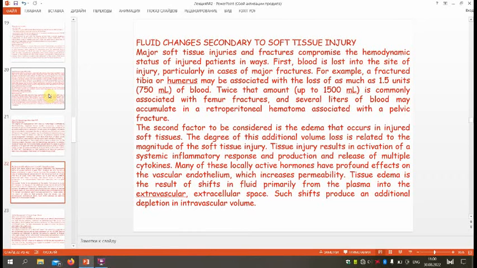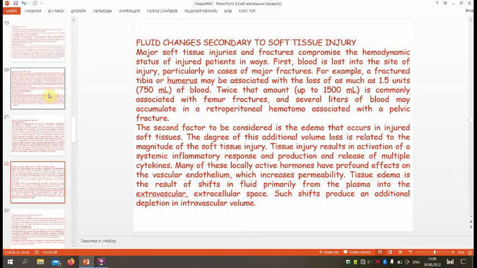For example, a fractured tibia or humerus may be associated with the loss of as much as 750 milliliters of blood. Twice that amount is commonly associated with femur fractures, and several liters of blood may accumulate in a retroperitoneal hematoma associated with a pelvic fracture.